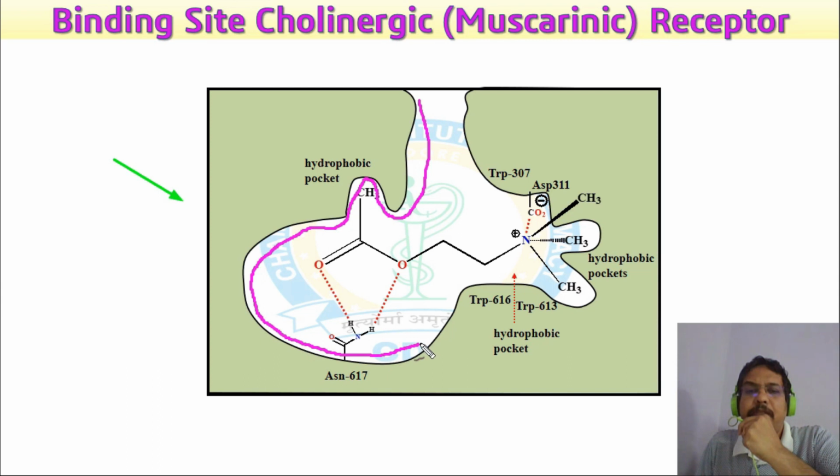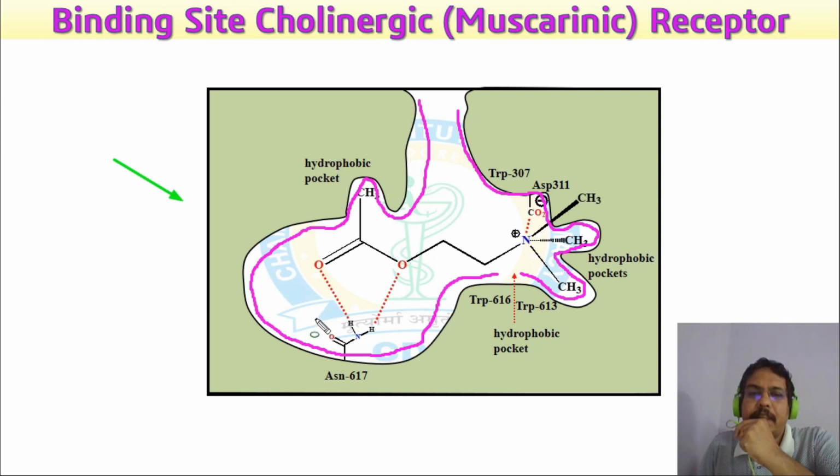and in this cavity a few hot spots are there which are crucial for the various interactions of the ligand with the macromolecule. So what are the hot spots in the cholinergic receptor? If you look at the cholinergic receptor, then there are various hot spots like this.